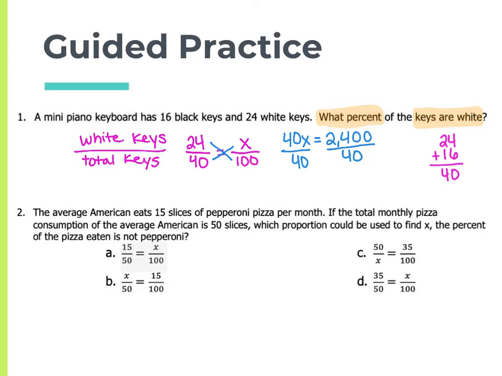I can cross out a 0 in the 2,400 and a 0 in the 40. And 4 divided into 240 is 60%. So x equals 60%. When our answer is a percentage, we want to make sure that we include the percentage sign in our answer.